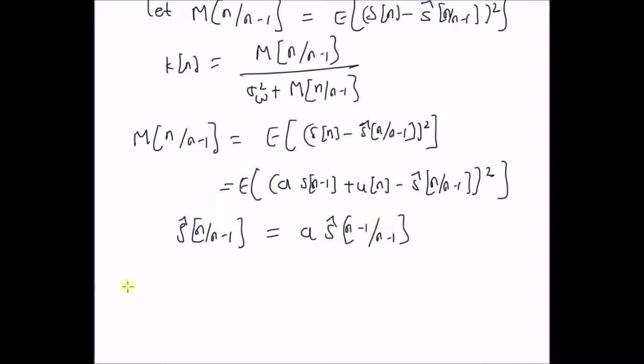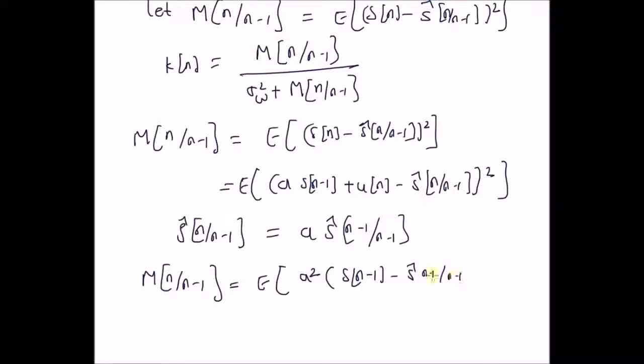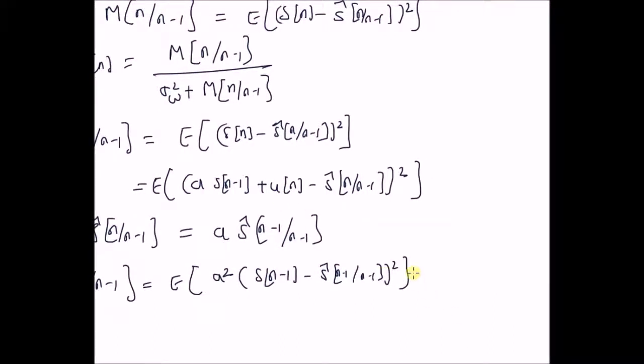So by using this relation, we have m of n given n minus 1 equal to expectation of a square multiplied by s of n minus 1 minus s hat of n minus 1 given n minus 1 whole square, plus expectation of u square of n.